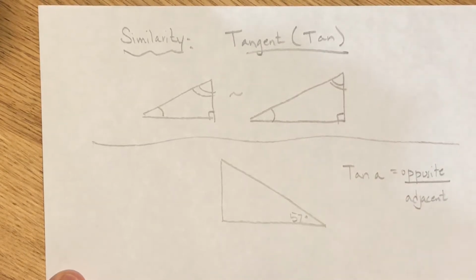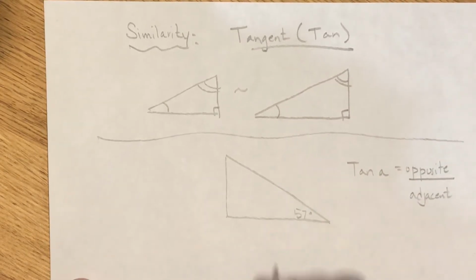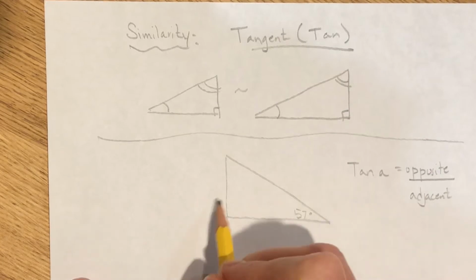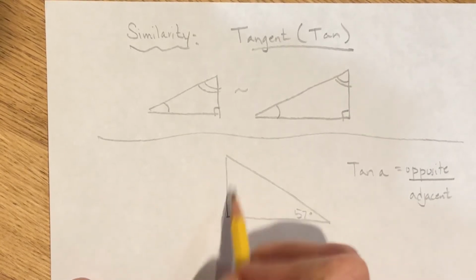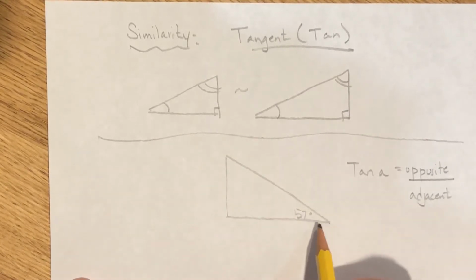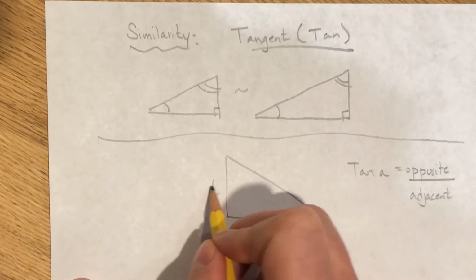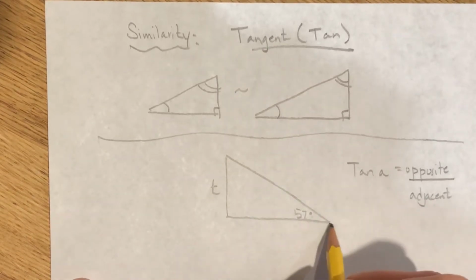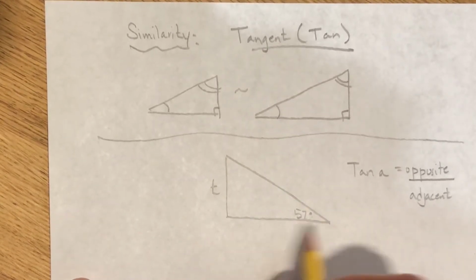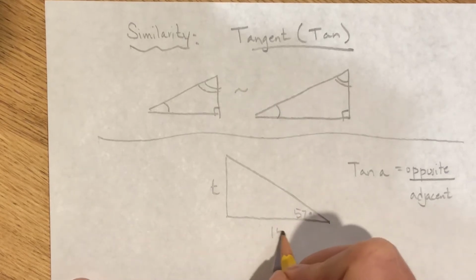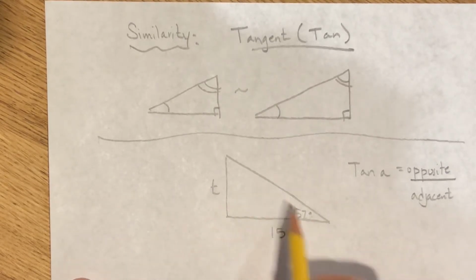So if we had a setup like this, if this side of the triangle here is opposite relative to the 57 degree angle that we're focusing on, and it's unknown, we generically call that t, and let's say this adjacent side here is 15. Notice that we're ignoring the hypotenuse in this particular case.